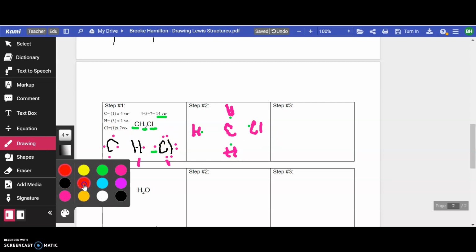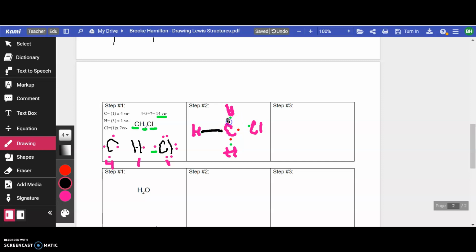And then carbon is going to share 4 valence electrons, 1 with each of the surrounding atoms. This makes for 1 bond, 2, 3, and 4 single bonds for carbon, and 1 bond for each of the hydrogens and halogens present.